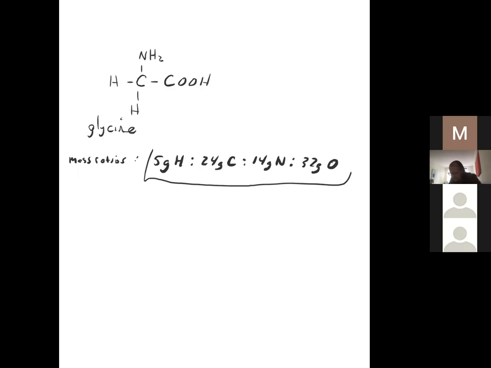So, I could change those numbers and make them 1 to something, but that's fine. And so that's what glycine is. It's a fixed ratio, so any other ratio, meaning if you had 5 grams of hydrogen for every 25 grams of carbon, so it was like 5 to 25, that would not be glycine, that would be something else. So this constant composition, that's what allows us to define and actually experimentally determine what a compound is, okay?